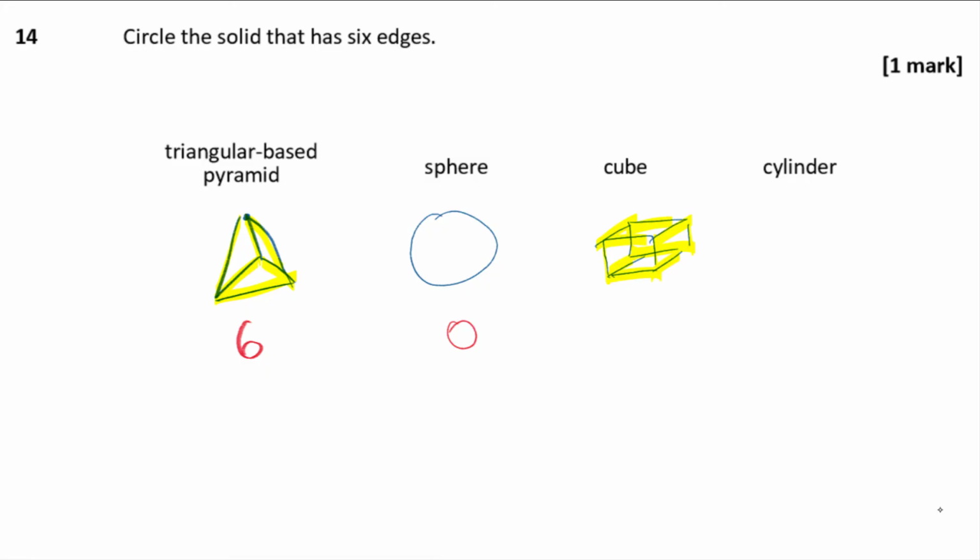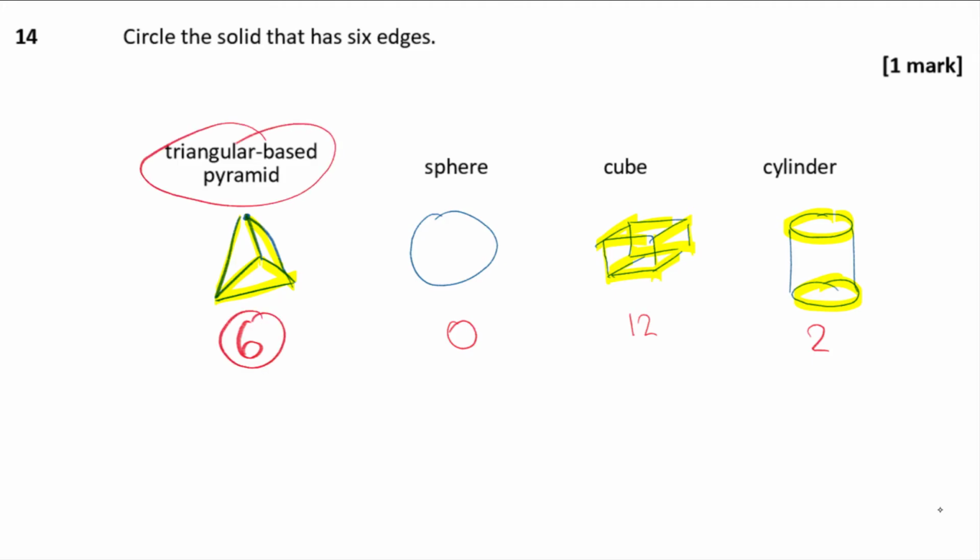So I make that a total of 12. And then the cylinder has got 1, 2, no, it's just got 2, isn't it? It's got this edge around here and this one. So that's got 2. So the only one with 6, look, is that one there. It's going to be the triangular based pyramid.